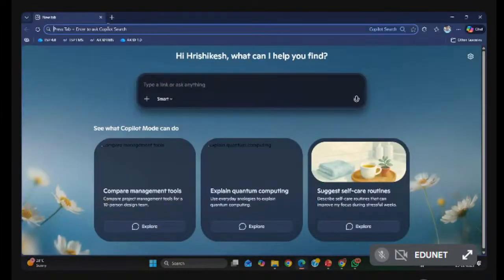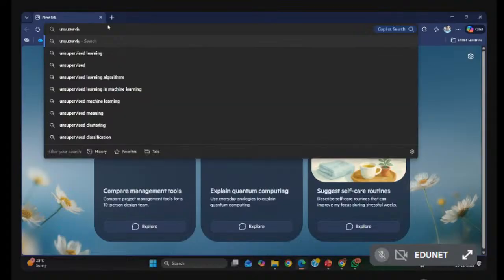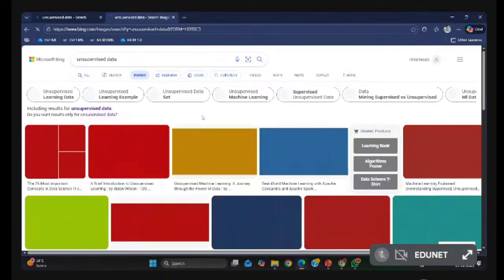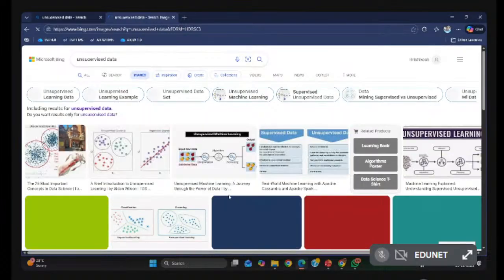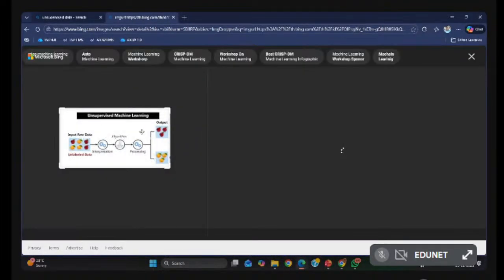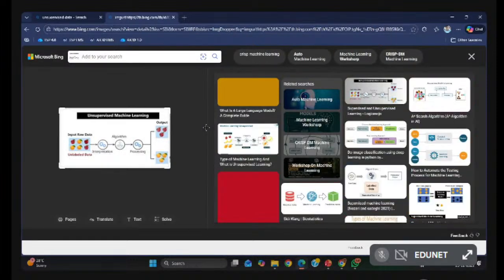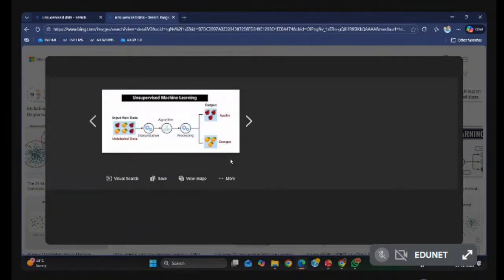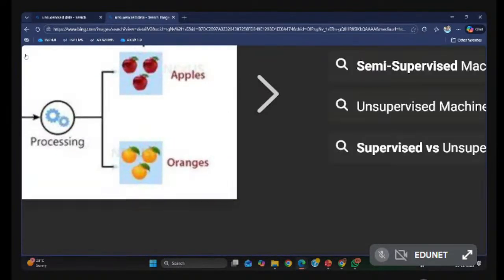See. This one. Are you getting this one image?